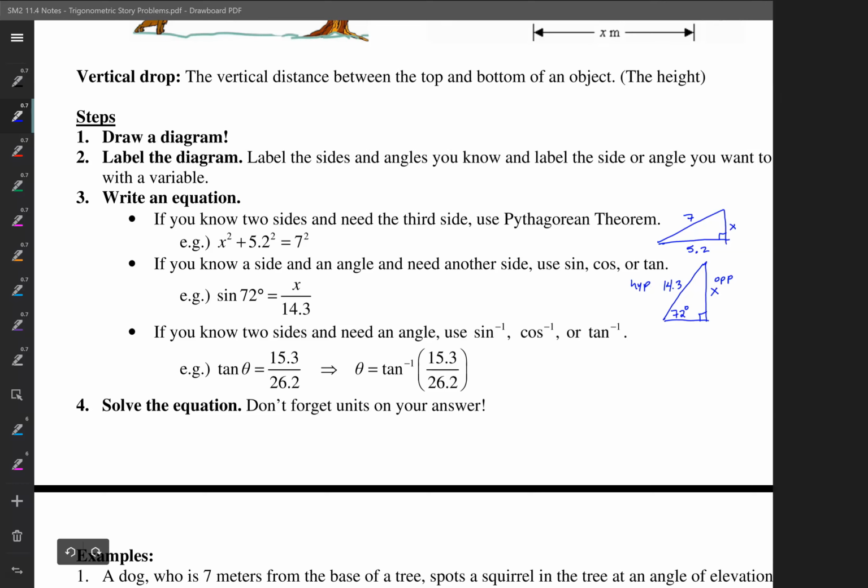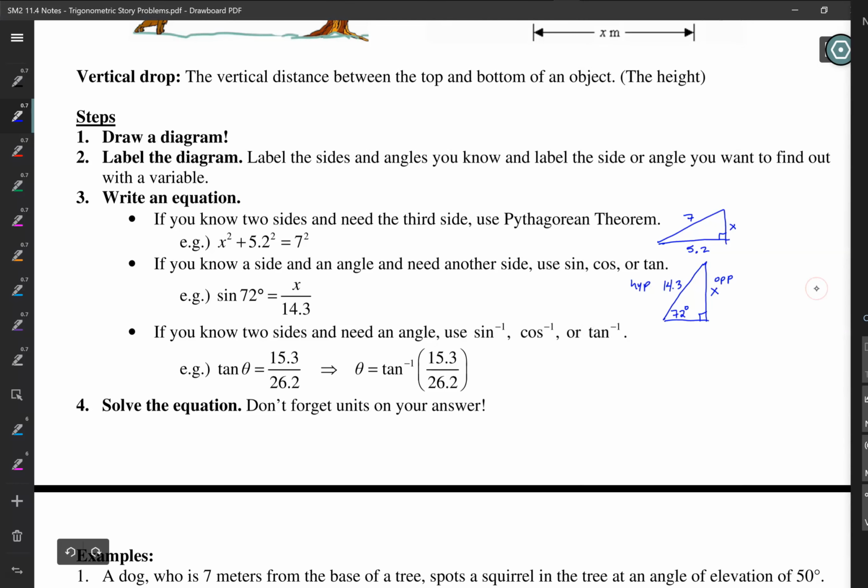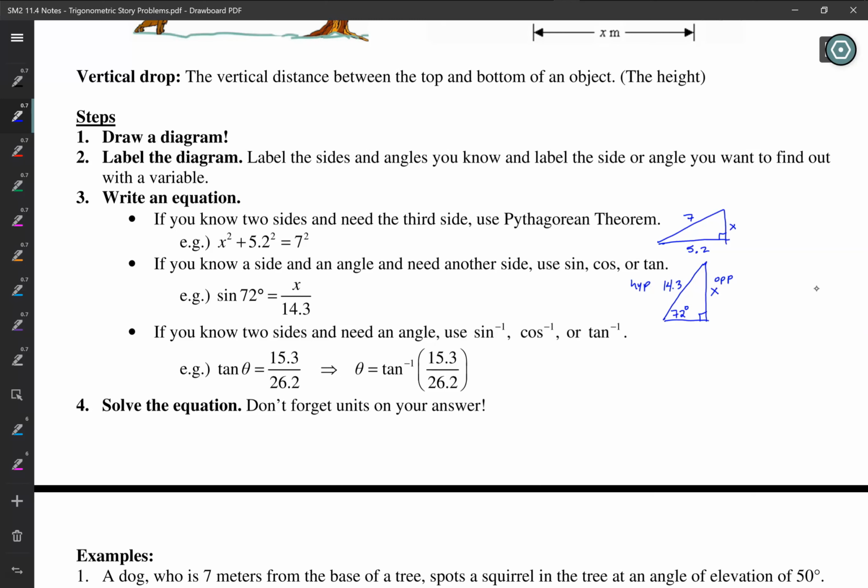Well, opposite over hypotenuse is sine. So the sine of this angle would be x over 14.3. You would get that equation right there.